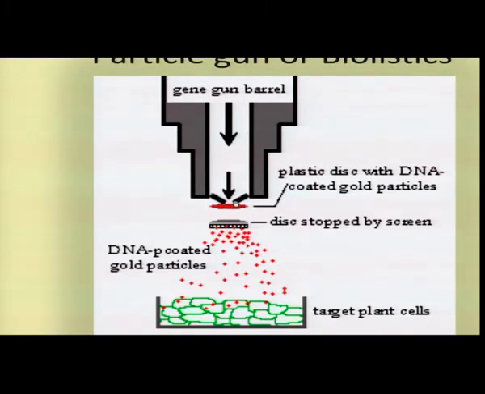And you have a wire mesh, so when you apply vacuum and pressure, like a bullet going from the gun, the DNA with the gold particles will penetrate and fall onto the tissue which you have kept here. Whereas the plastic disc onto which the DNA has been coated will be stopped by the mesh which is present here.